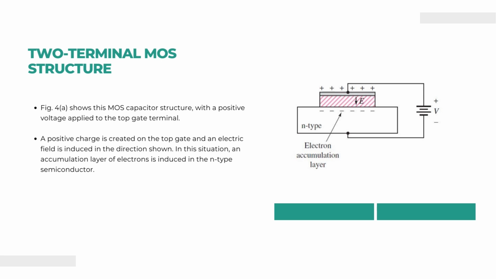So, this layer of negative charges beneath the oxide interface is called the accumulation layer. A positive charge is applied on the top of the gate and an electric field is induced in the direction shown. In this situation, an accumulation layer of electrons is induced in an n-type semiconductor.